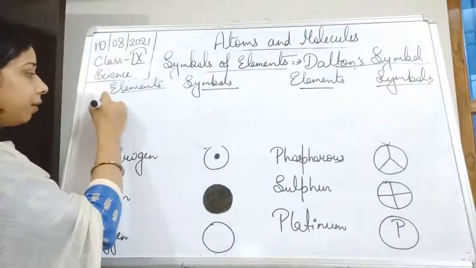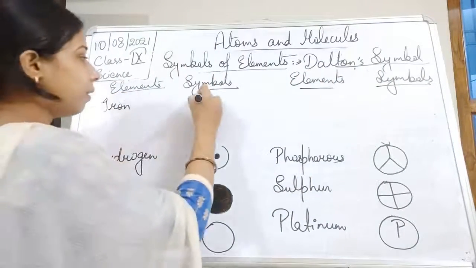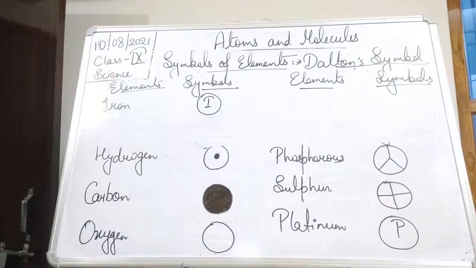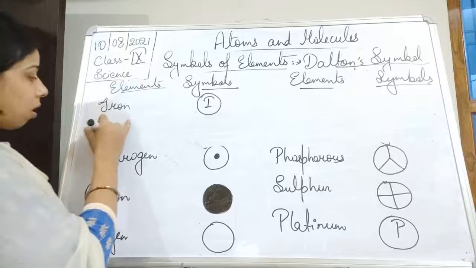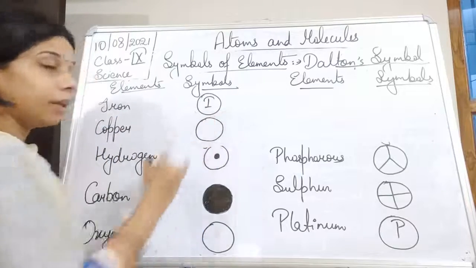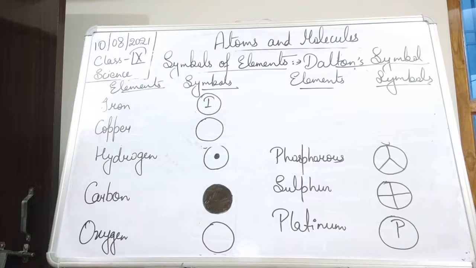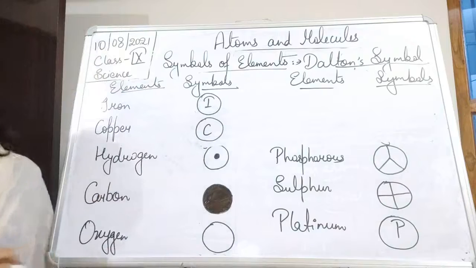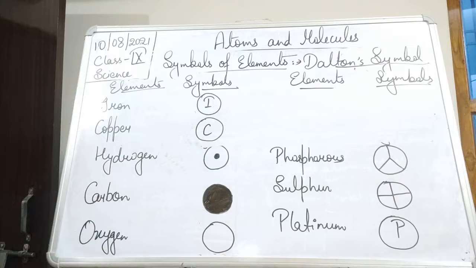Then iron. Symbol of iron is I. Then copper. Symbol of copper is C. Then silver.